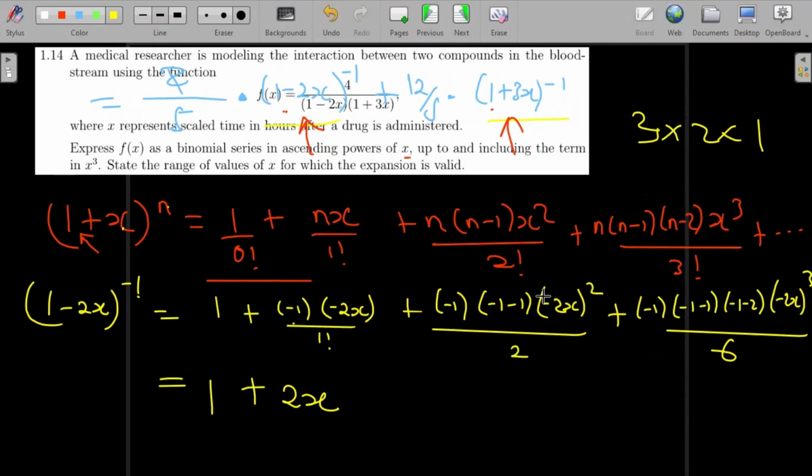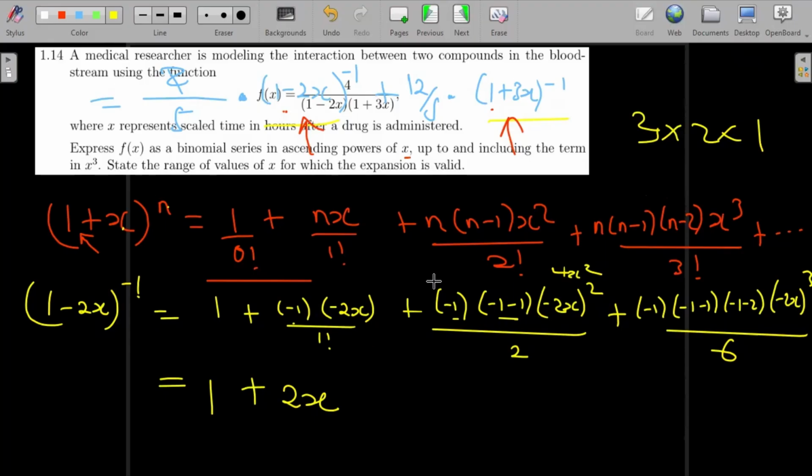And then here it is minus 1 multiplied by minus 1 minus 1, so this is minus 2 multiplied by minus 1. I get plus 2, right? Then that plus 2, I keep it, and then I come here to be minus 2x squared, so this will be 4x squared.